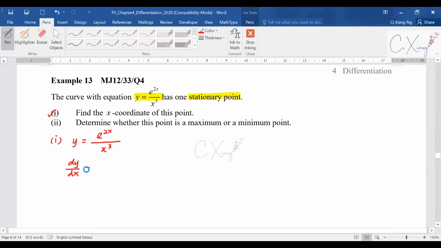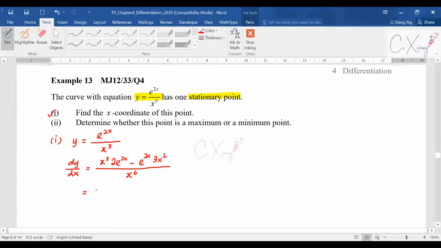So this is, to me, a quotient of a fraction. So I will use quotient rule. Square the bottom, it becomes x power 6. Copy the bottom, differentiate the top, you have 2e 2x, minus, copy the top, differentiate the bottom. So differentiate x power 3, you have 3x squared.